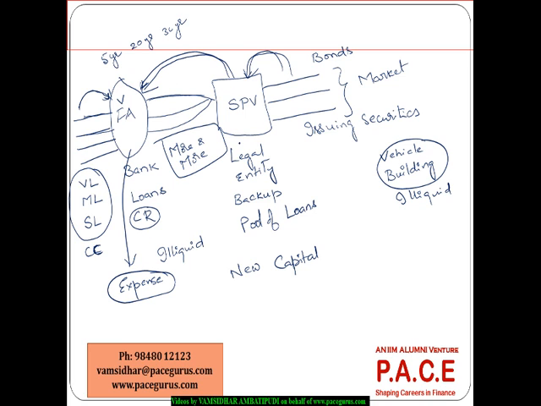Whereas in this mechanism, it's like selling the existing assets to a third party, which means it's a kind of collateralized borrowing. These financial assets are acting as collateral for raising money. Because the collateral is very strong, the cost of raising funds becomes lesser and lesser. So that's one of the prime reasons.